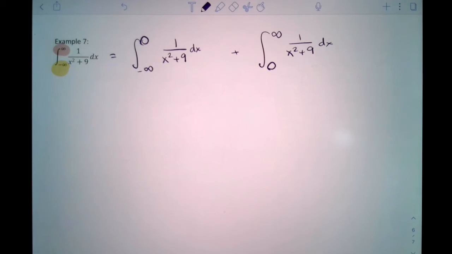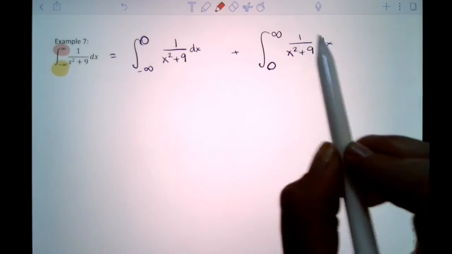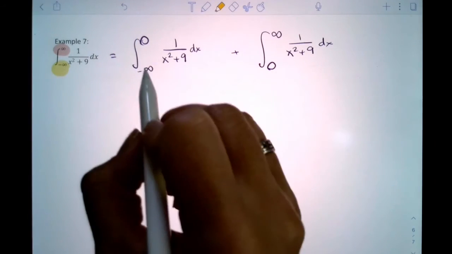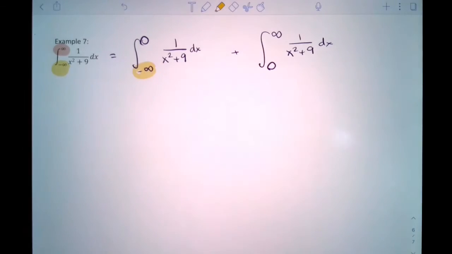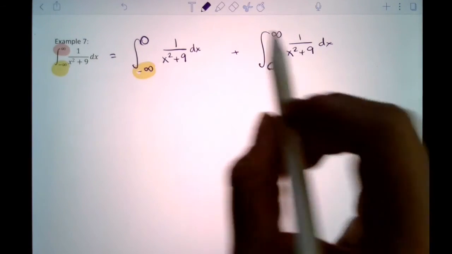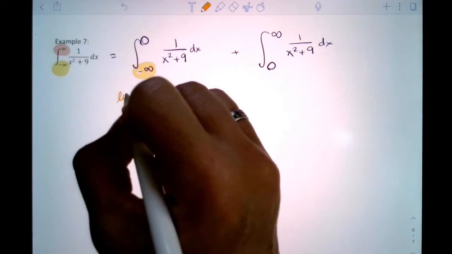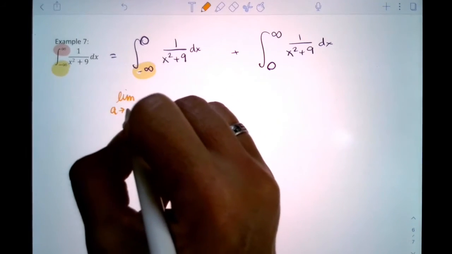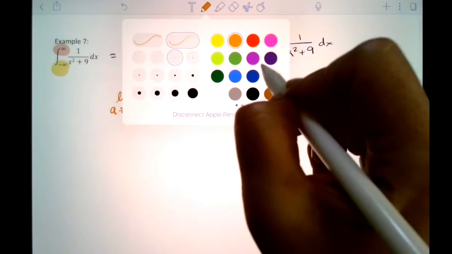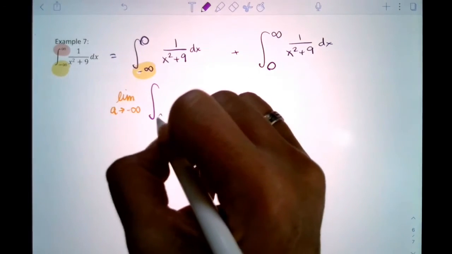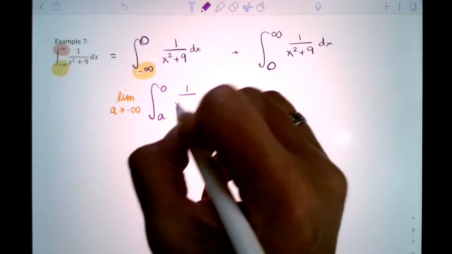You've shown that this has to be broken up, which is a big deal. What I now have to do is address each one of these problems, right? I'm going to address that lower limit of integration and say, okay, let's do that. Let's say the limit as a goes to negative infinity, and let's put that integral from a to 0.